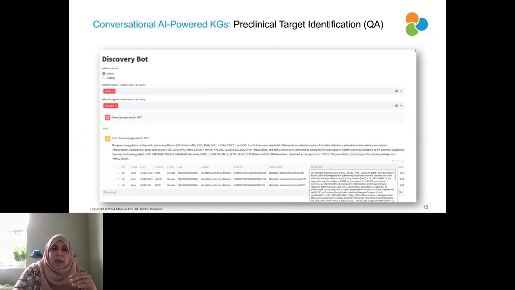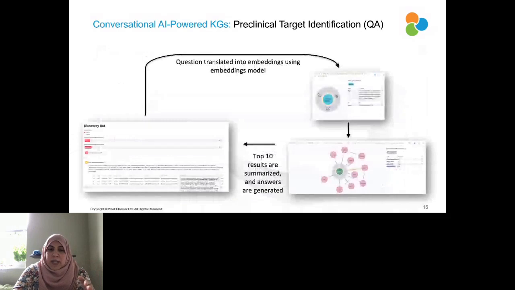The whole interface starts with the question being translated into an embedding, indexed into Neo4j vector search. A semantic similarity metric is calculated between the question and the context, and the co-occurring entities are retrieved and summarized.